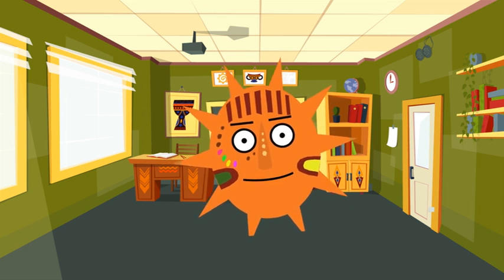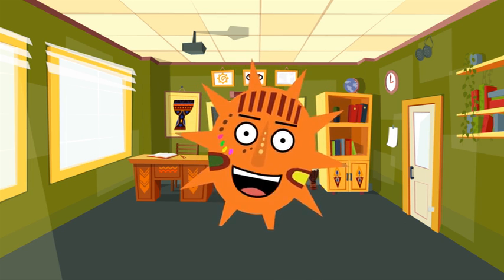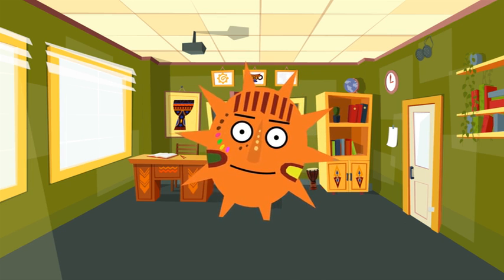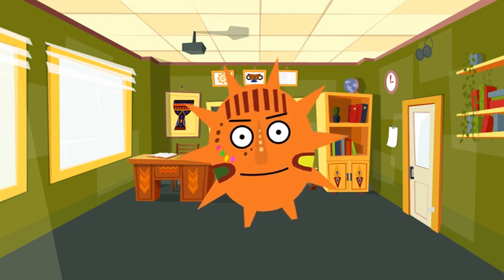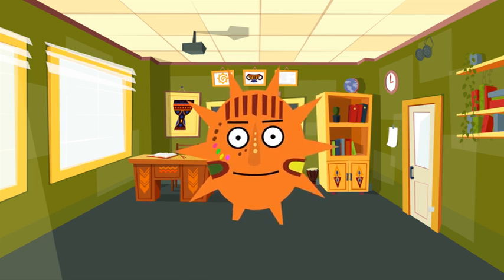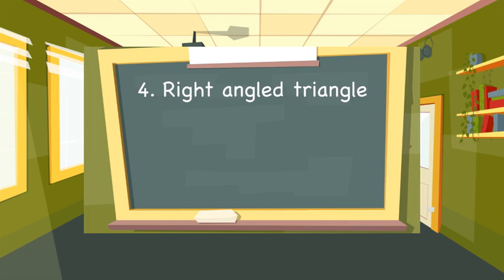So this is about the 3 major triangles. But we have a 4th special type of triangle, and what is its name? We call it a right-angled triangle. And why do we say this is a special type of triangle? This triangle is named from one of the angles that is a right angle. And some will be asking, what is a right angle?